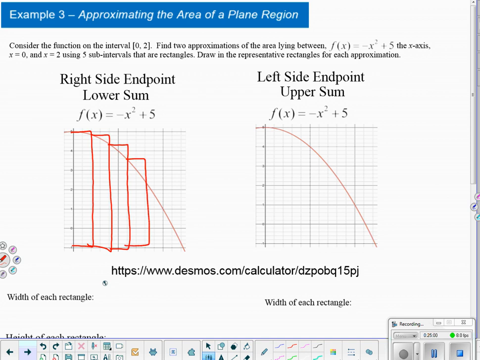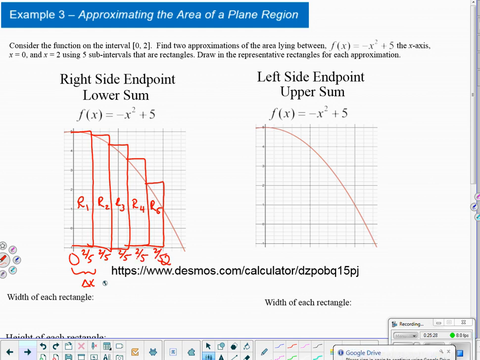And what we're going to do is create 5 rectangles from 0 to 2, and then I can sum each of the areas of the rectangles, because rectangles are simply length times width, right? And we can sum those up. Each of these having some width, some change of x value. And notice I drew mine very carefully so that each of them has 2/5 of a width. So we will go through that.